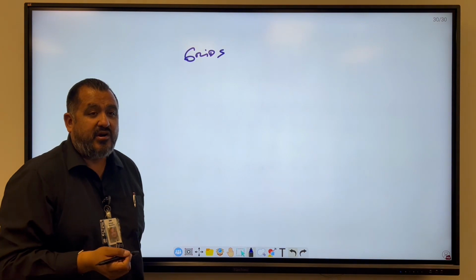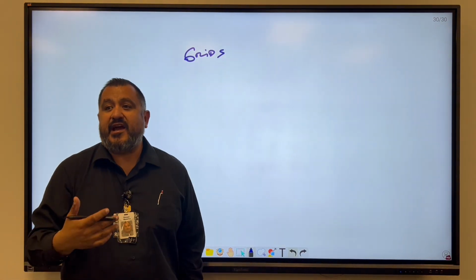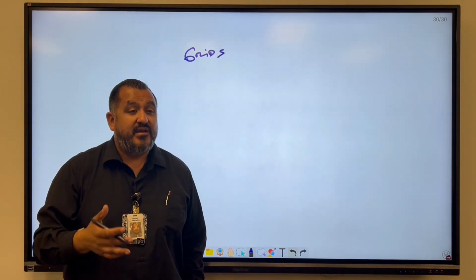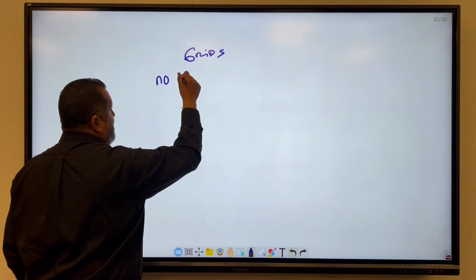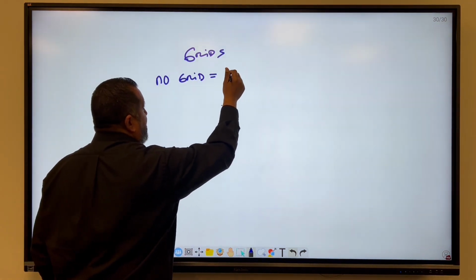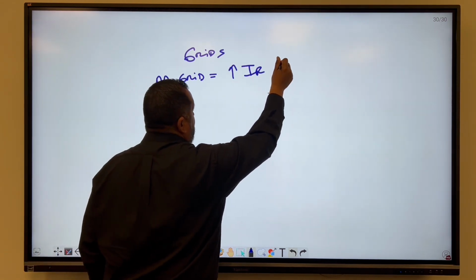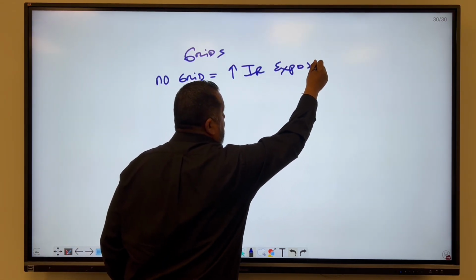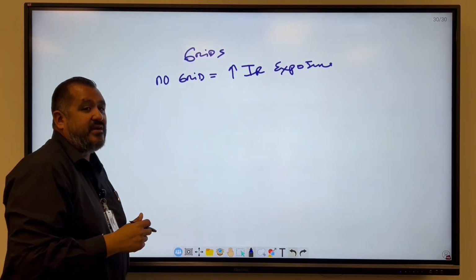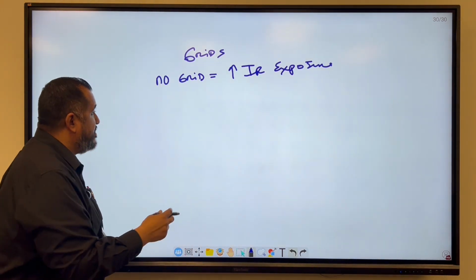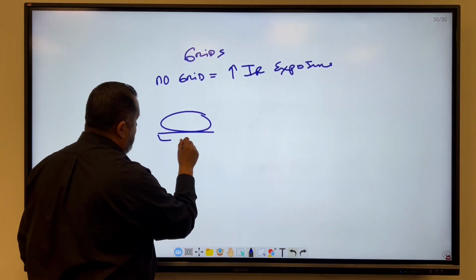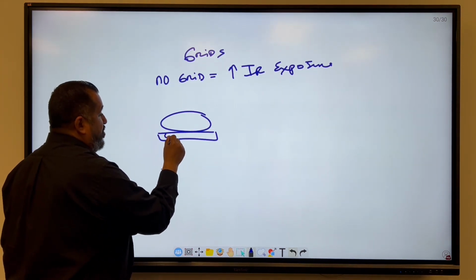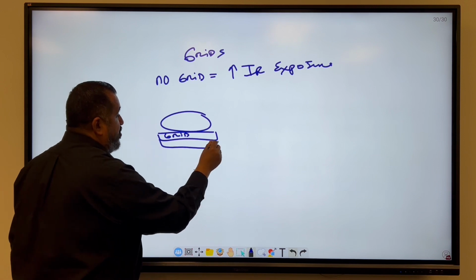So grids are used to attenuate scatter before reaching the IR, correct? But, okay, no grid is going to increase IR exposure. So if you have an object and you add a grid, what's the grid going to do?